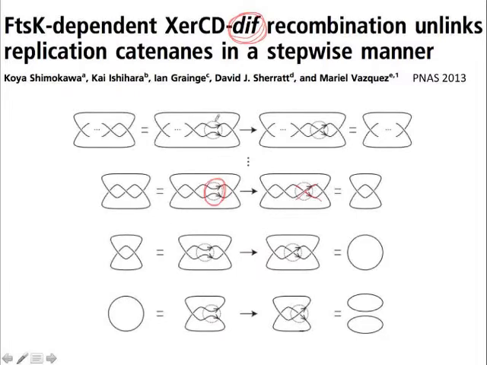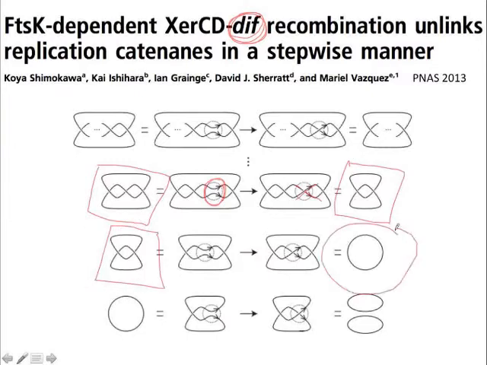But basically, XER acting on diff sites will act on a trefoil knot and create this 2-crossing link, then go from this 2-crossing link to the unknot. In each case, you can see that we remove this crossing, so this crossing disappears. When we add this crossing, we can smooth it out, removing 1 crossing each time, going from 3-crossing knot to 2-crossing hop link, 2-crossing link to this 1-crossing knot.